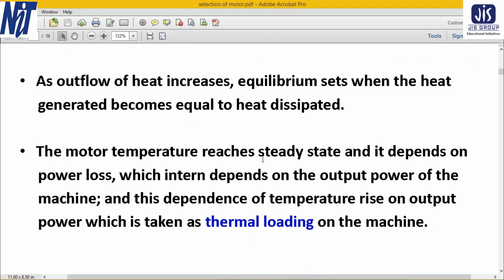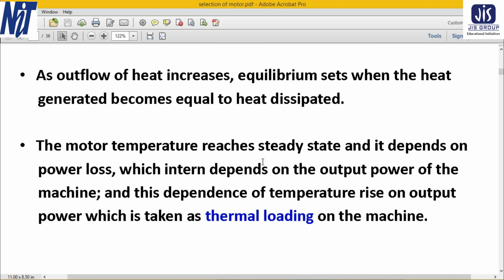The motor temperature reaches steady state value when this equilibrium occurs, and it depends on power loss. So if the power loss is less, it will reach the steady state very easily, or if the power loss is higher, it will take some time, and the power loss again depends on the output of the machine.